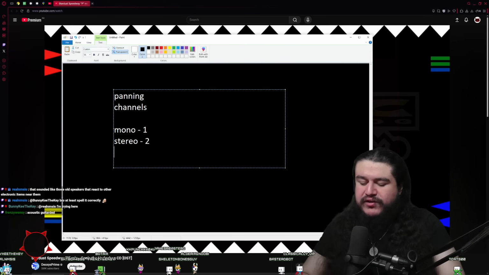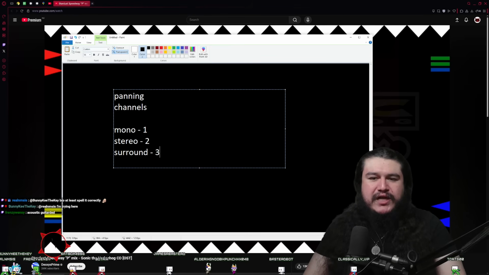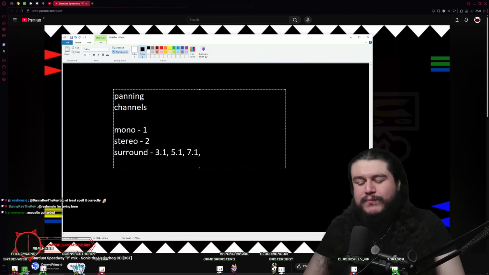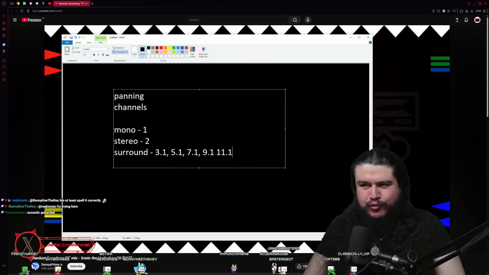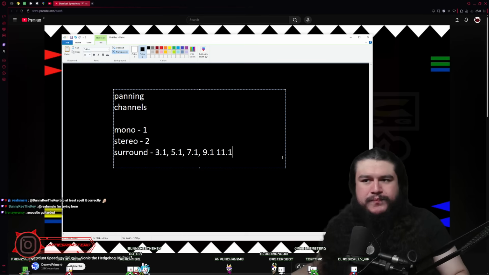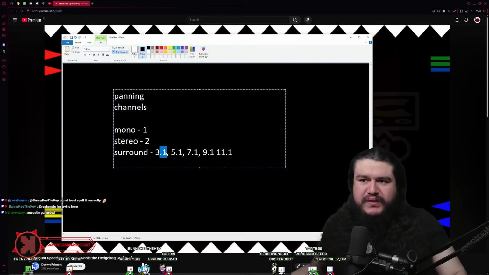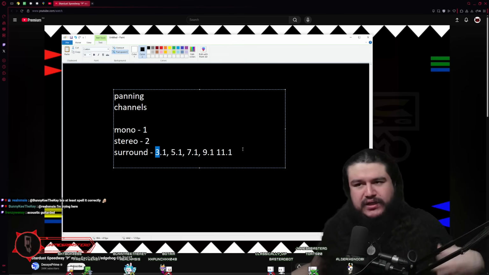And then there's surround, which becomes a little bit more complicated. You have 3.1, 5.1, 7.1. I think places like the Sphere in Vegas might have 9.1 or even 11.1. Not entirely sure. The .1 is the subwoofer, the bassy speaker. Then the 3, 5, 7 is going to be the additional number of speakers that we have.